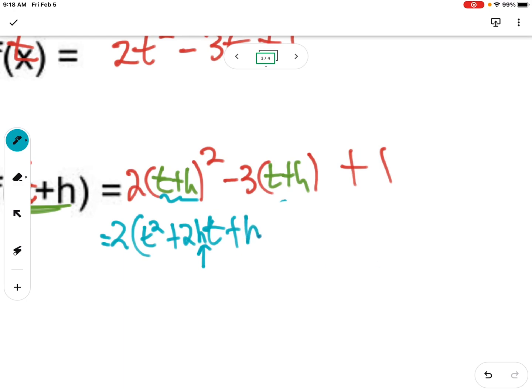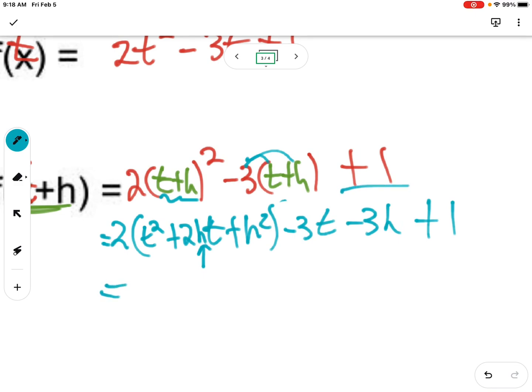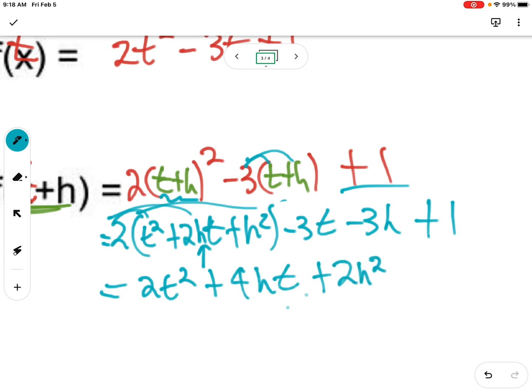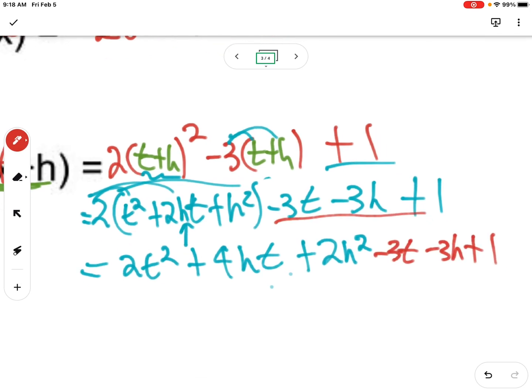So plus h squared, and here I need to expand through those brackets, so minus 3t minus 3h plus that 1 at the end. And the last thing is to expand through this bracket, 1, 2, 3 times. So it's going to become 2t squared plus 4ht plus 2h squared. And then I get the rest of this stuff here, minus 3t minus 3h plus 1.